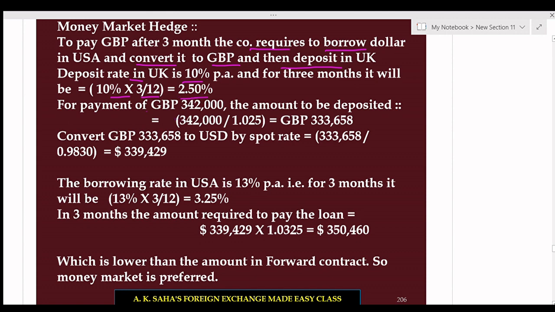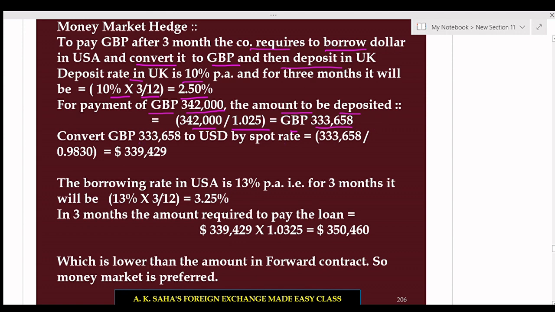For payment of GBP 3,42,000, the amount to be deposited is 3,42,000 divided by 1.025, which is equal to GBP 3,33,658. It will mature after 3 months to 3,42,000 and will be paid against the liability.